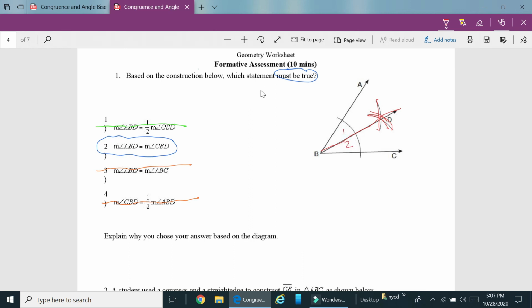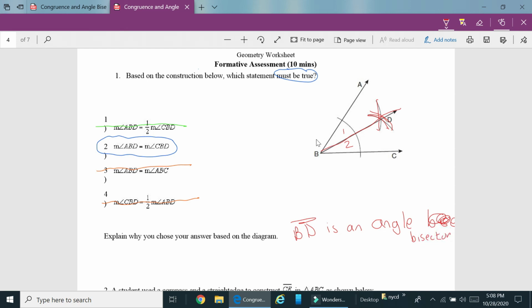So let's say angle B, you know what, BD is an angle bisector. Bisector. Oh, I ran out of room. This is right here. Angle bisector.